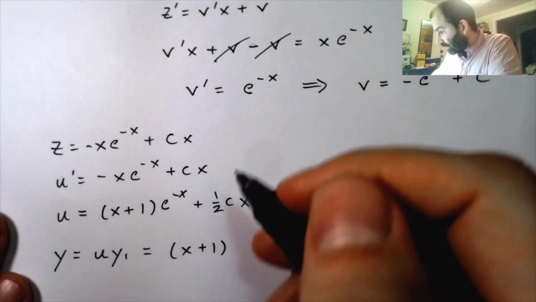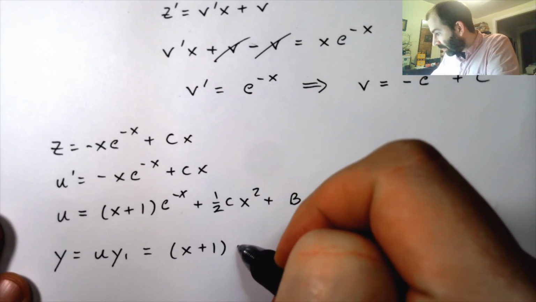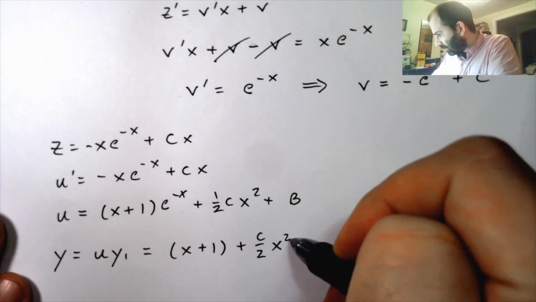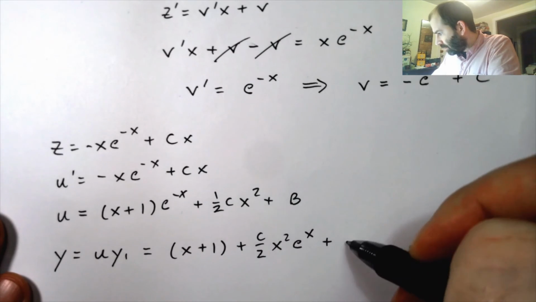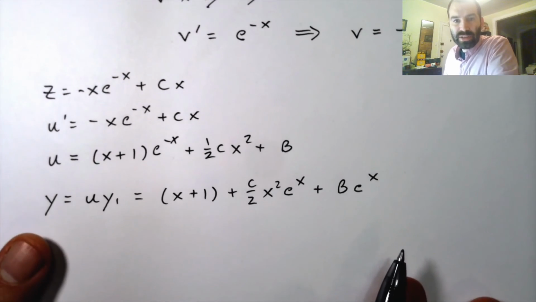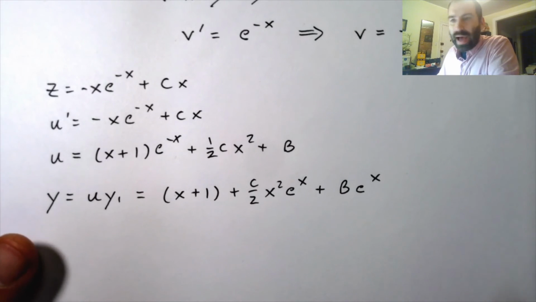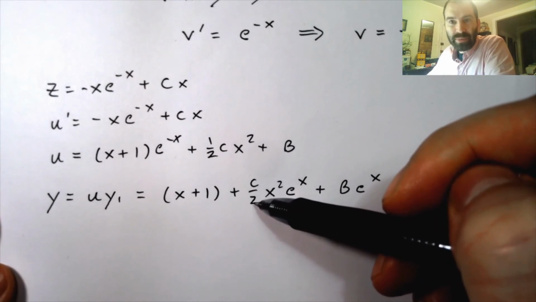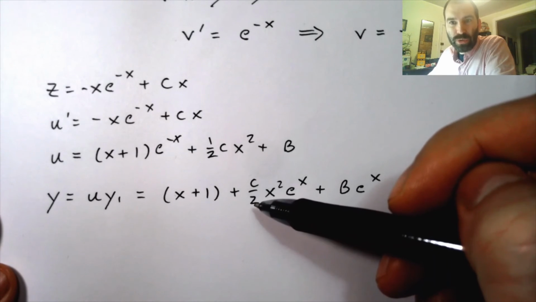Well, e to the x times e to the minus x is just 1. I'm going to write that as c over 2. Okay, and I'm going to make one more change. This is our final answer, but it's just not good form to write a general constant divided by something usually. Unless you have a good reason for doing that, you shouldn't.